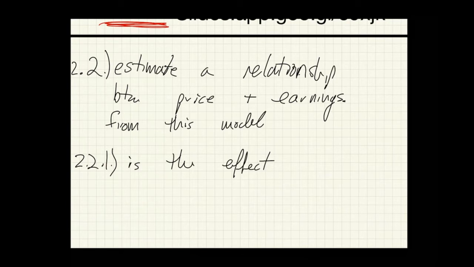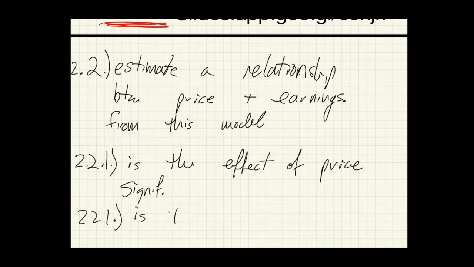I'm never referring to previous assignments. I'll only be referring within the assessment. So I might have something like, is the effect of price significant? And then I might ask, is the effect of gender significant?